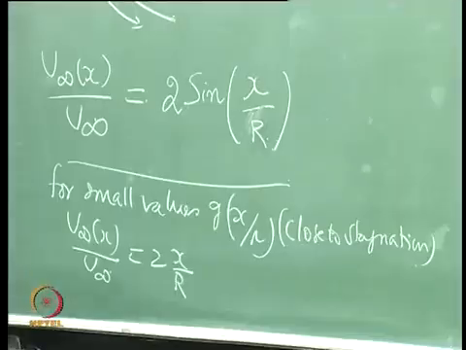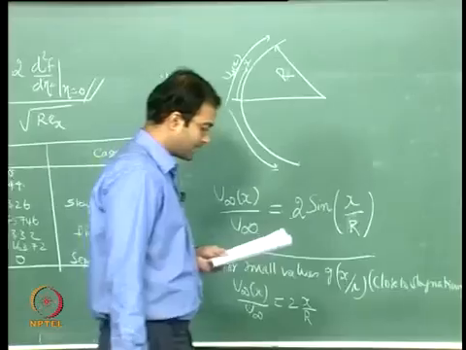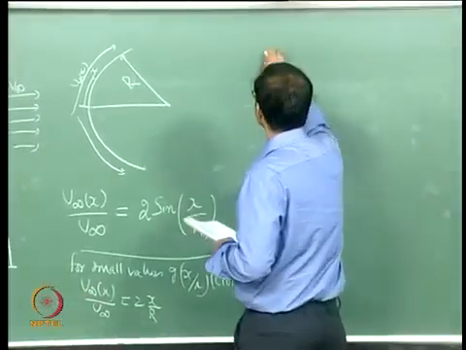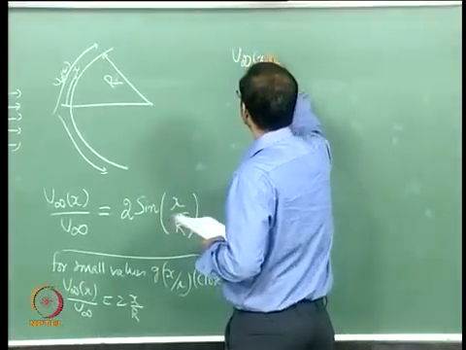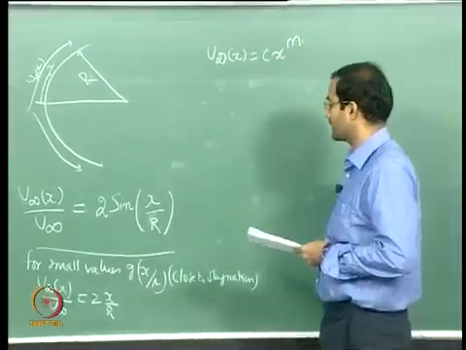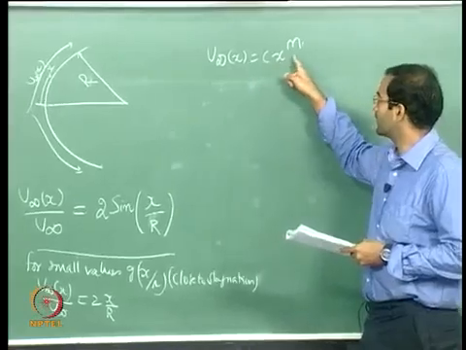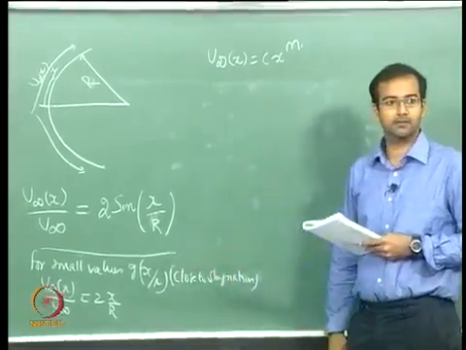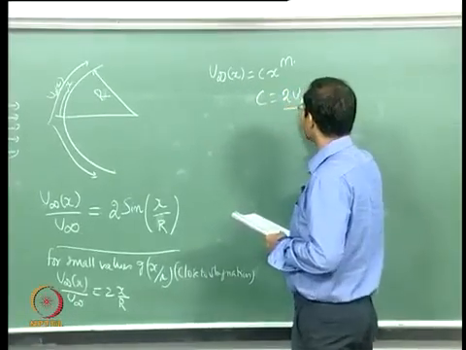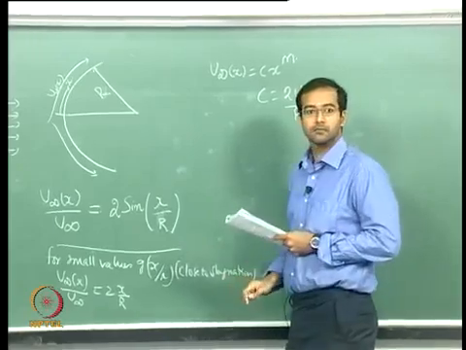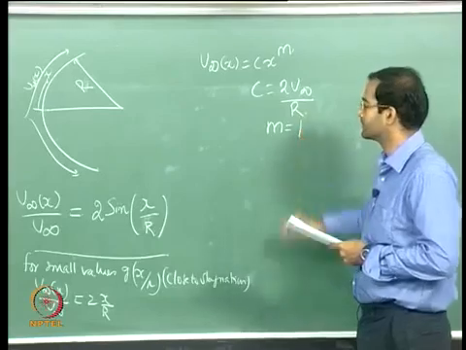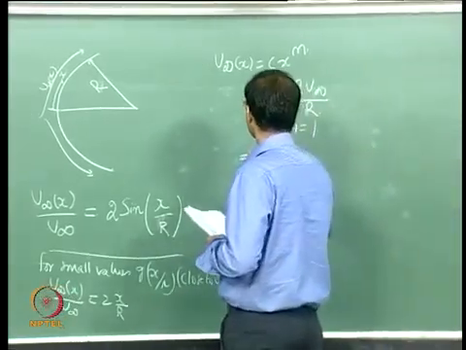So if you compare this with the Falkner-Skan form of velocity profile, which is u infinity of x equal to c x power m, what can you deduce? What should be the value of m, and what should be the value of c? C is equal to 2 u infinity by r. And what is the value of m? 1. So therefore this profile will be something like this.